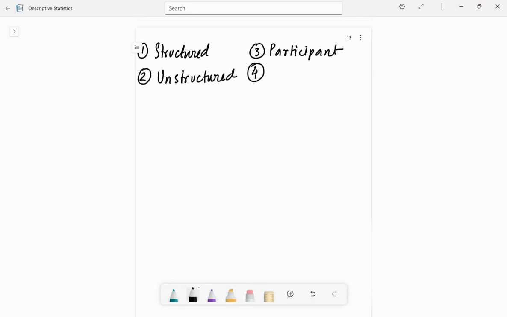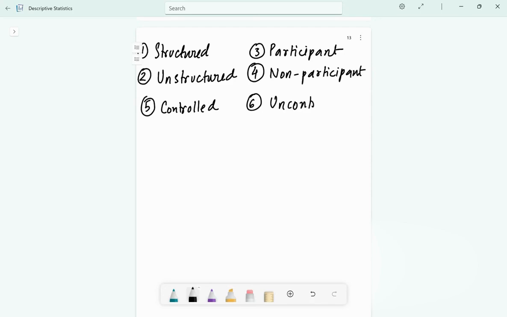Next is very obvious again, non-participant. Next is controlled. And the very obvious, uncontrolled. We're going to come to each of these topics one by one. First, let's start with structured.